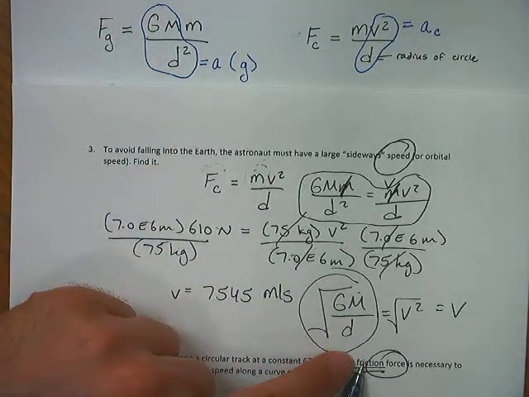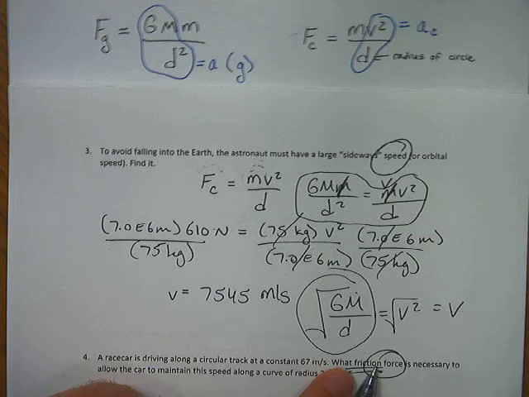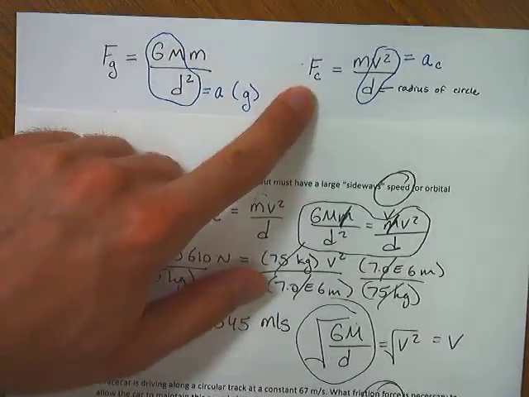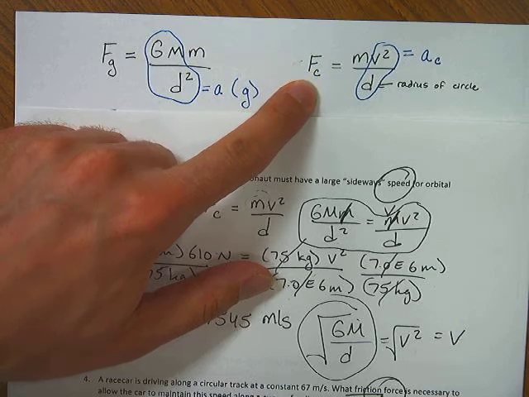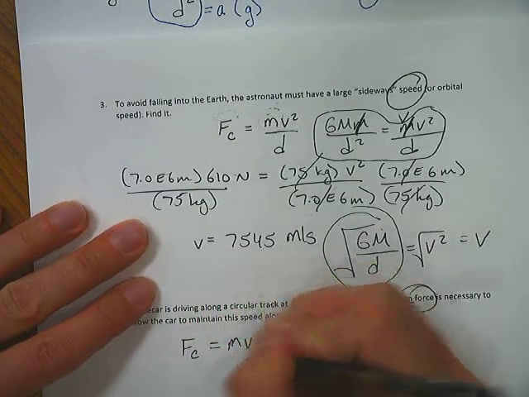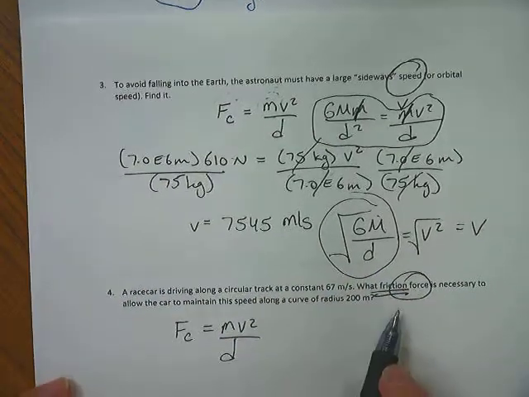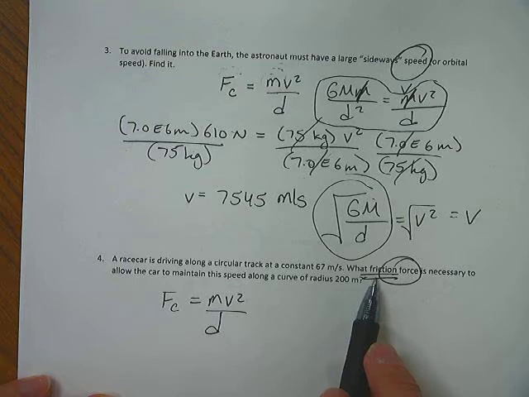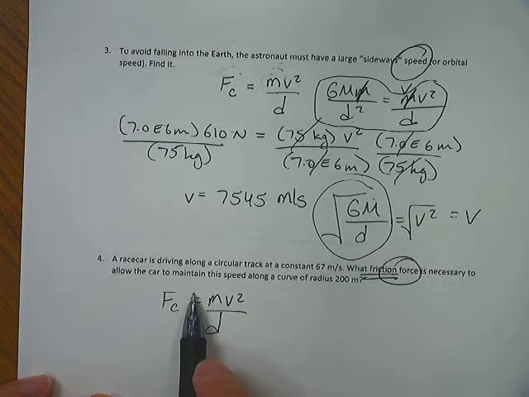And we say, look, we can't use this force equation because it's not gravity that's pulling on the car. It's friction. I mean, gravity does pull on the car, but that's not what we're talking about. We're trying to find the friction force. So we're not going to use the gravity equation to find the friction force.